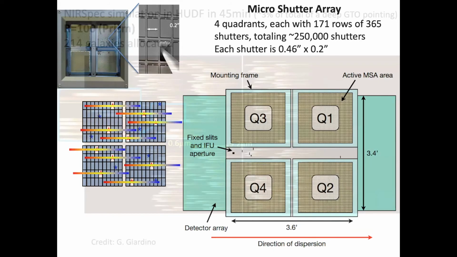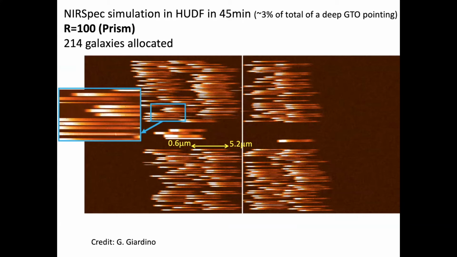This is an example of a spectroscopic observation on the Hubble Ultra Deep Field, where we could open shutters on more than 200 galaxies with the low resolution prism mode, so that the spectra do not overlap. And you see many of these galaxies are as faint as or fainter than 27 magnitude.